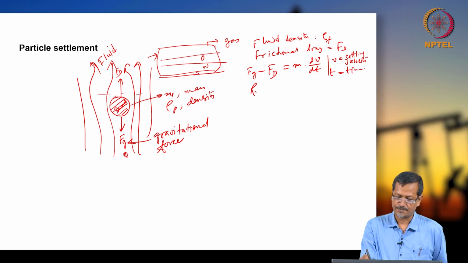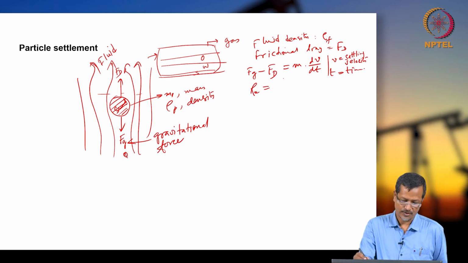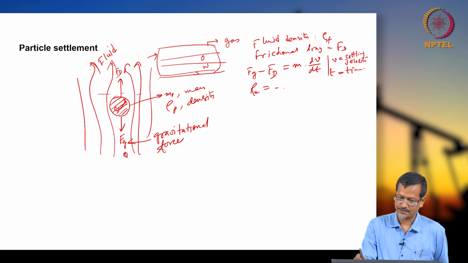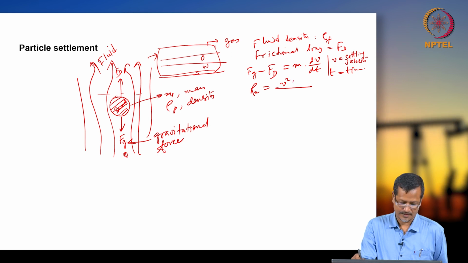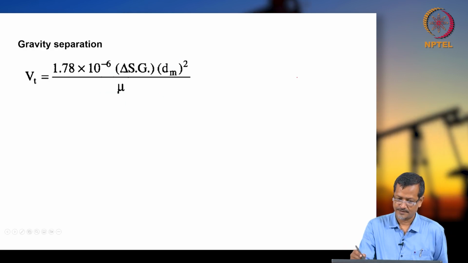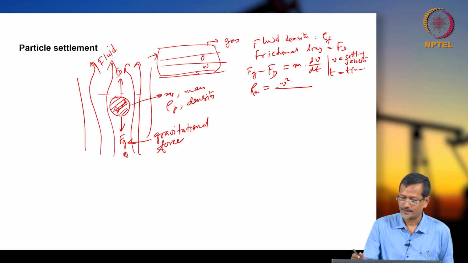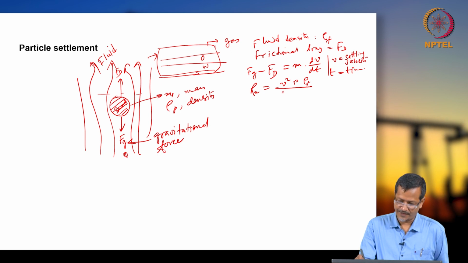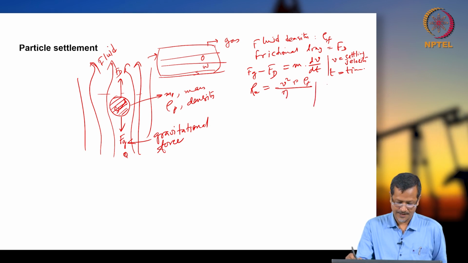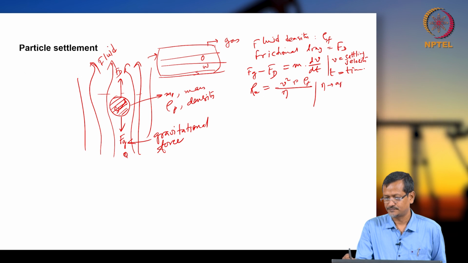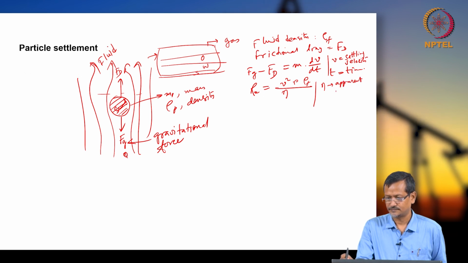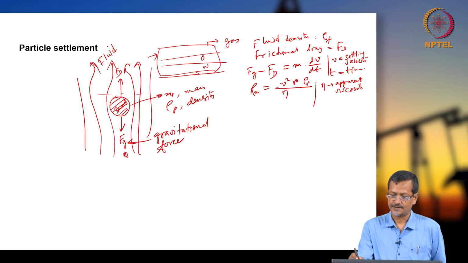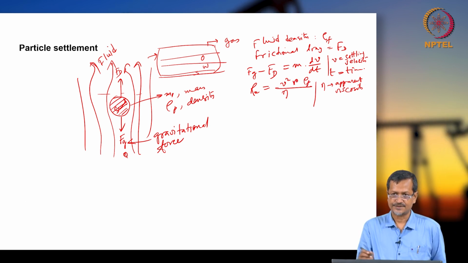The Reynolds number from Stokes law is v r rho f divided by eta, where eta is the apparent viscosity, r is the particle radius, rho f is the fluid density, and v is the settling velocity.